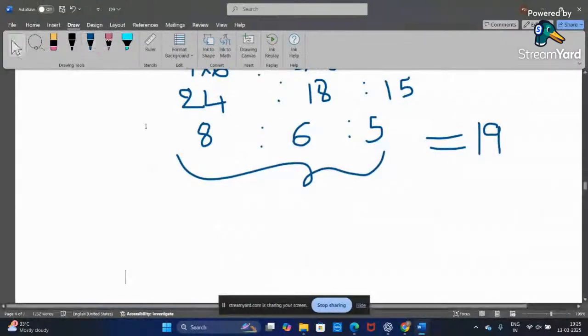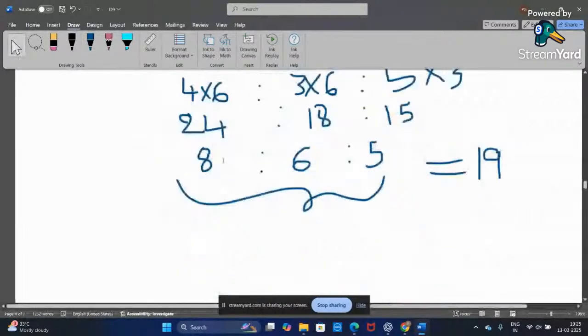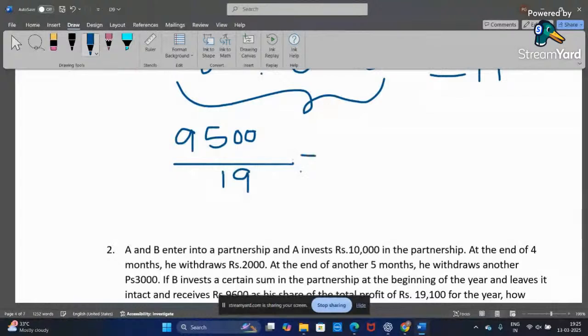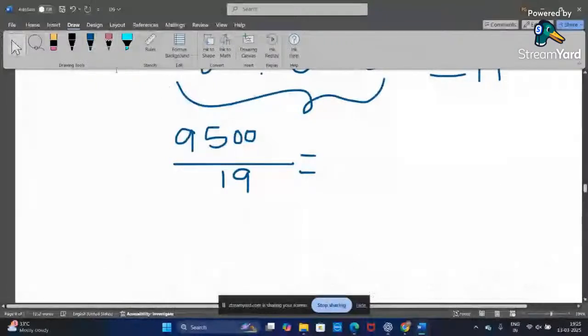Then we have to divide this 9,500 by 19. So divide this and tell me the answer. After dividing, we get 500, right?